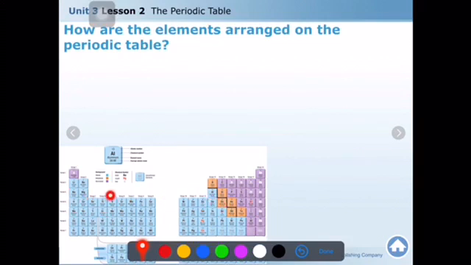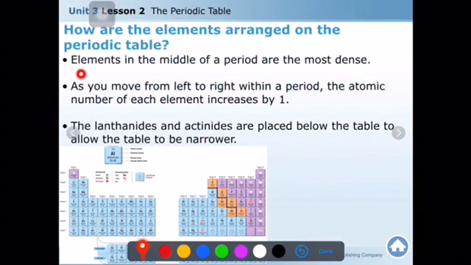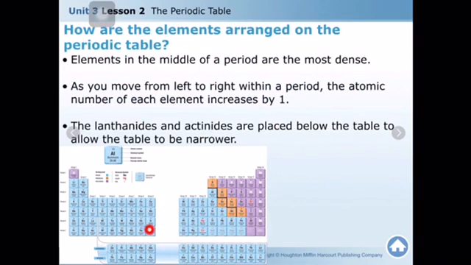Why? Because each and every property is periodically repeated in the periodic table. Elements in the middle of the period are the most dense, for example. It is another issue, but I told you osmium takes its name from the Ottoman Empire because it was first discovered in that region, in Anatolia in Turkey.